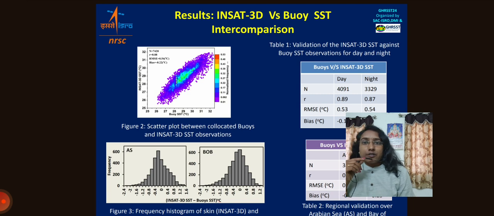And as we all know that SST has day-night variation also, day and night validation with respect to the buoys has been carried out. We found very good correlation for the day compared to the night SST observations. And as regional SST also varies, we have carried out the regional variation validation for the Arabian Sea and Bay of Bengal.